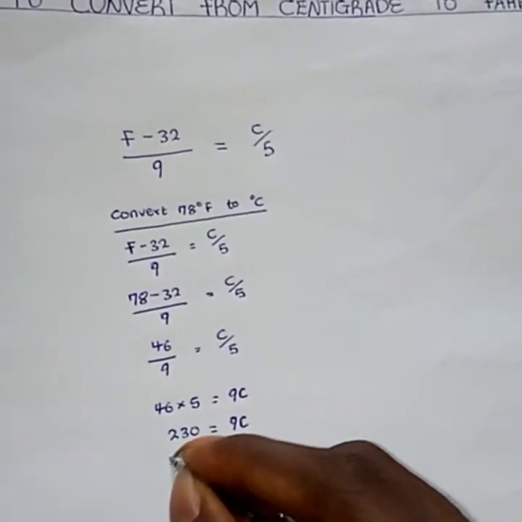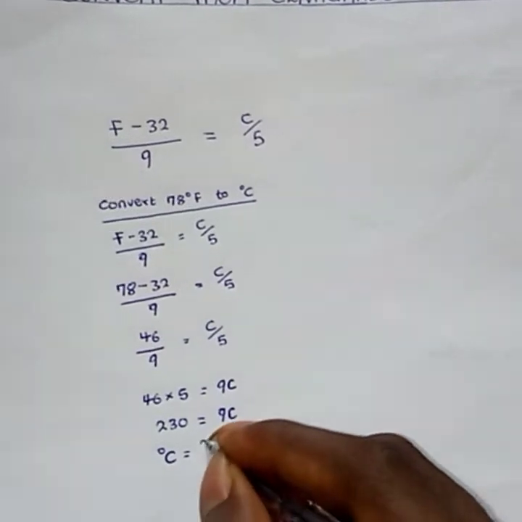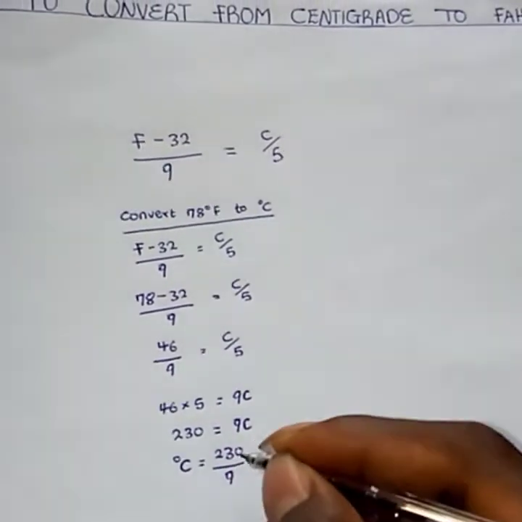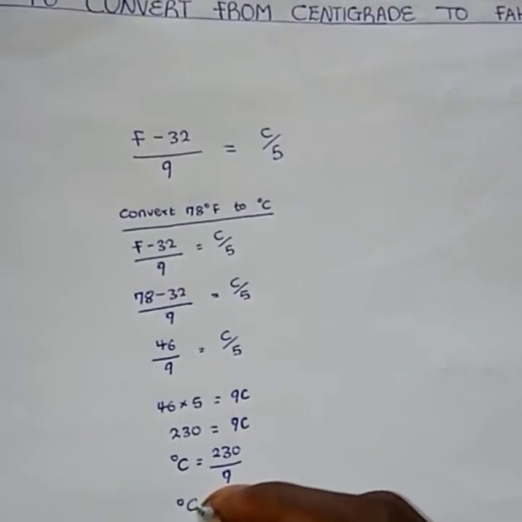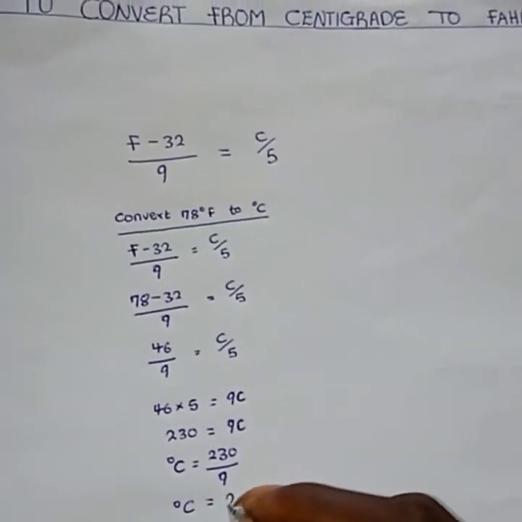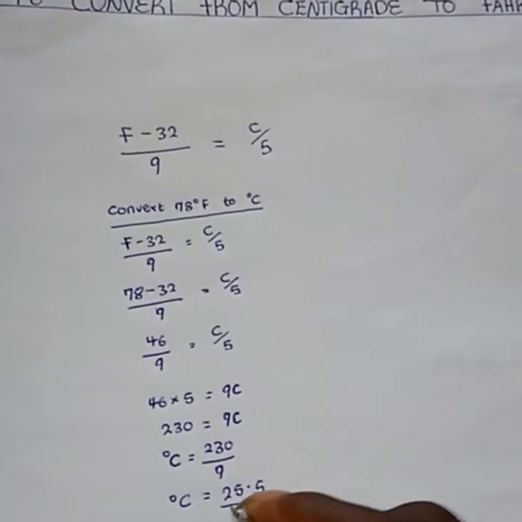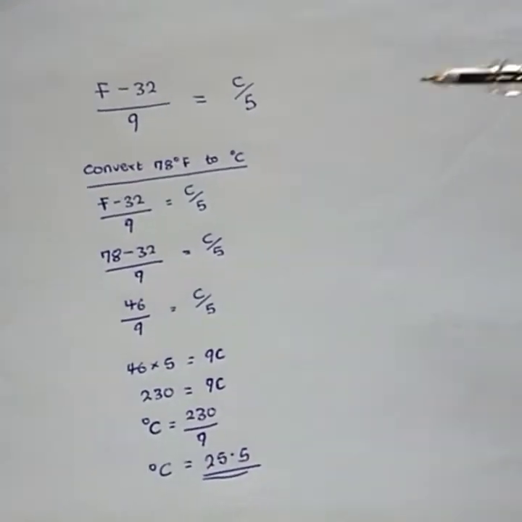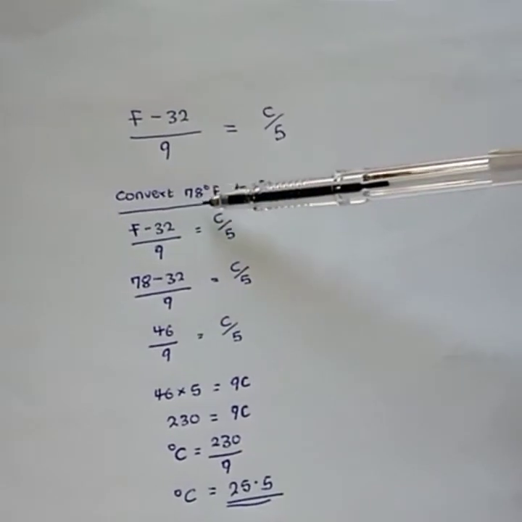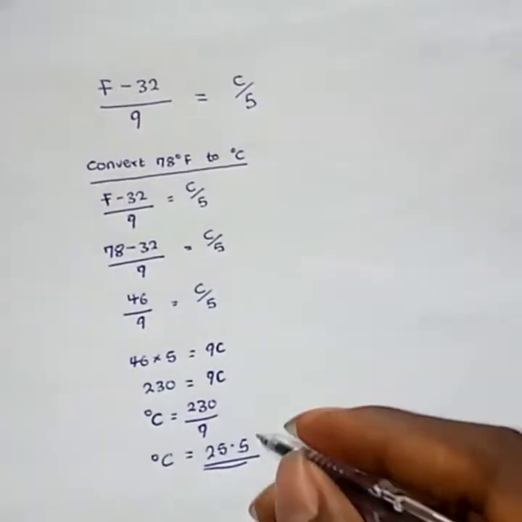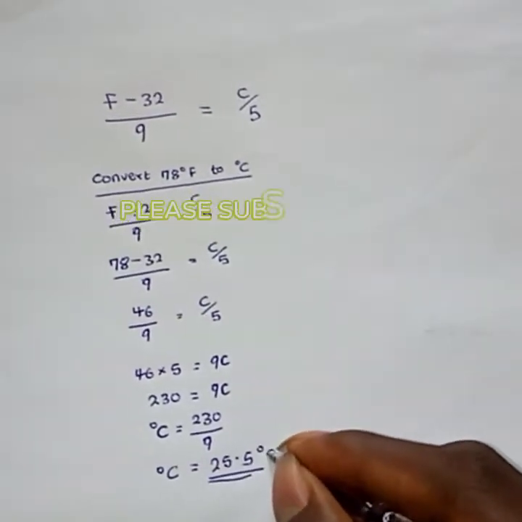Therefore degrees centigrade equals 230/9. Therefore degrees centigrade equals 25.5. So converting our 78 degrees Fahrenheit to centigrade gives us 25.5 degrees centigrade.